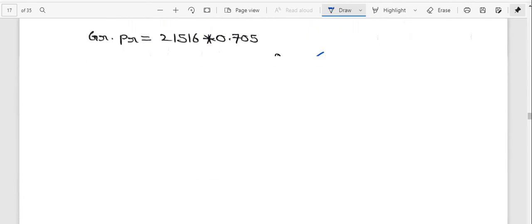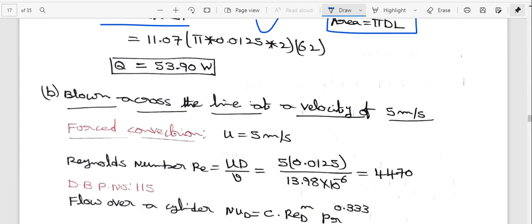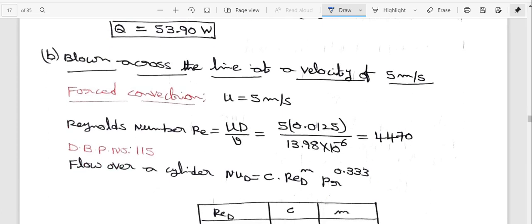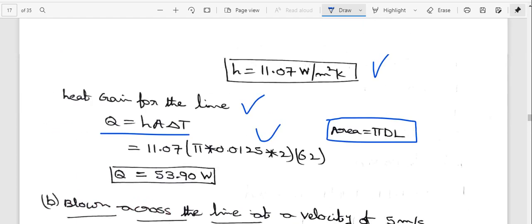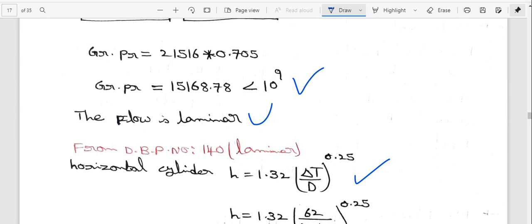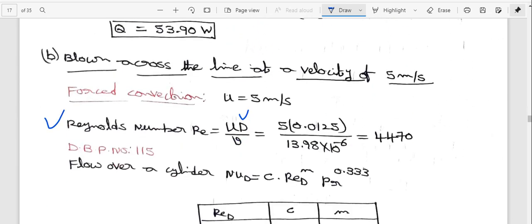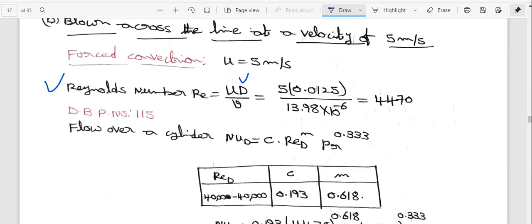Coming to the second question, that is forced convection, air blown across a line at a velocity of 5 meters per second. In forced convection, we need to calculate the Reynolds number. Here the diameter value is considered. In natural free convection, the diameter value is considered, and in forced convection we need to consider the same diameter value. So the Reynolds number is 4470.